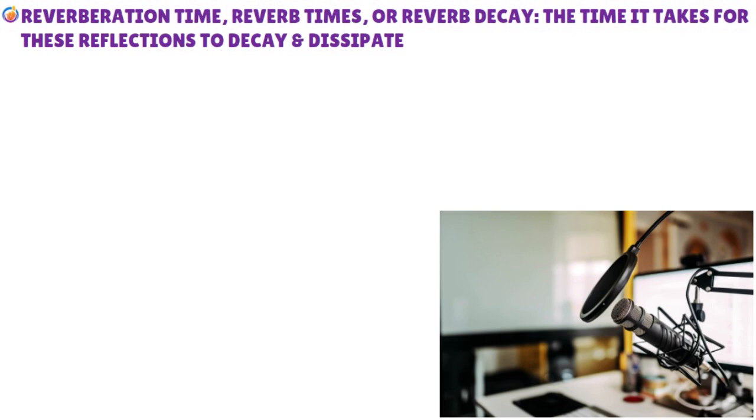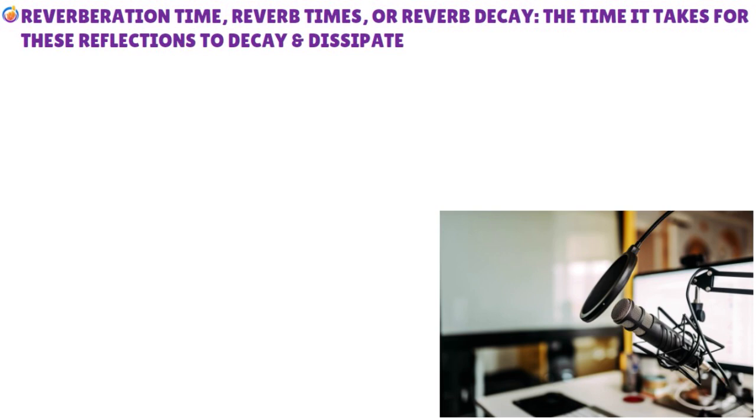When you think about fixing reverb, you have to understand that there are some ancillary concepts that revolve around reverb. For instance, you have reverberation time, reverb times, or reverb decay. Reverb, as I just want to remind you, is created when sound waves bounce off surfaces in the room, creating a series of reflections.